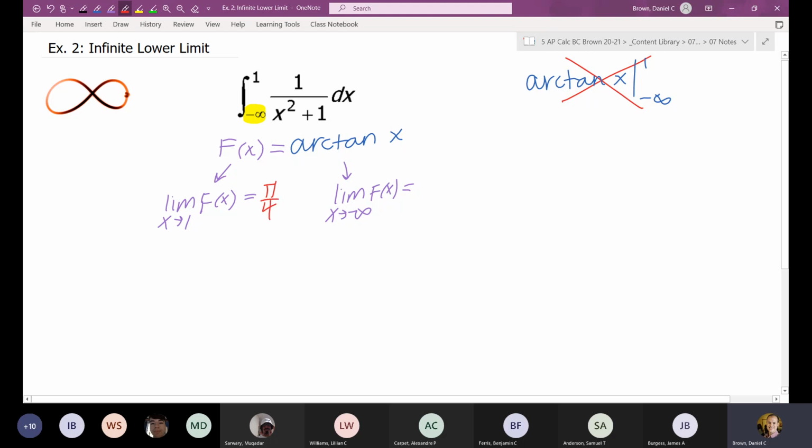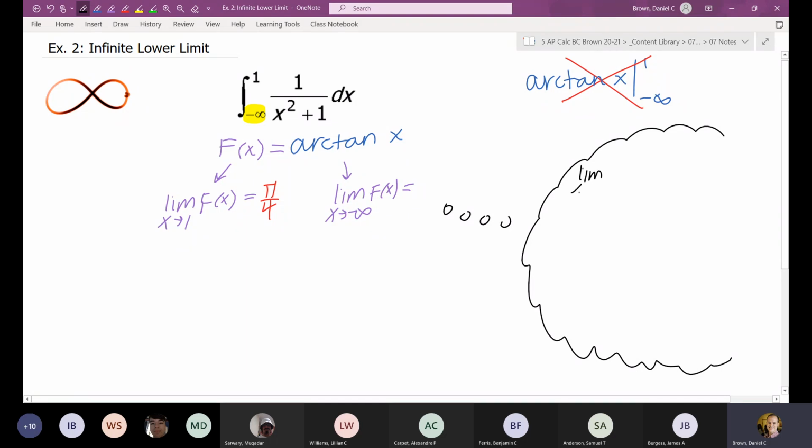The one that I think is tricky is thinking about the limit as x goes to negative infinity of arctangent of x. Maybe you get it better than students have in the past, but here's how I think about it in my head. And again, this is just going on in my head and not really being written down as work. If I am trying to take the limit as x goes to negative infinity of arctangent, you can't really do direct substitution because negative infinity is not a number.